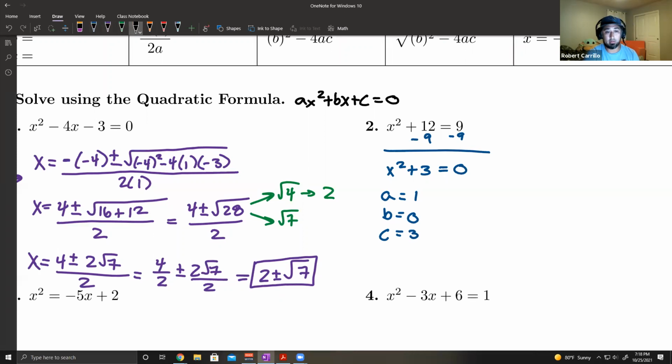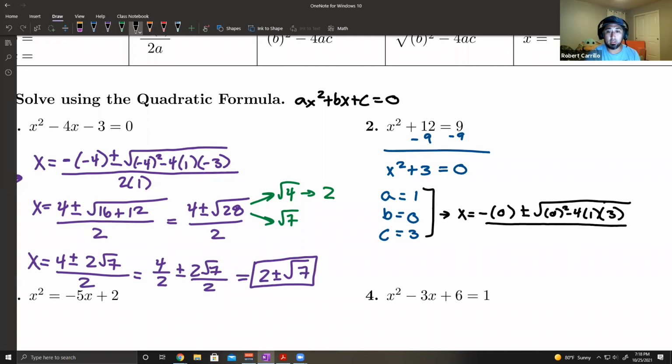So now put these in the quadratic formula: x equals negative b plus or minus the square root of b squared minus 4 times a times c, all over 2 times a.